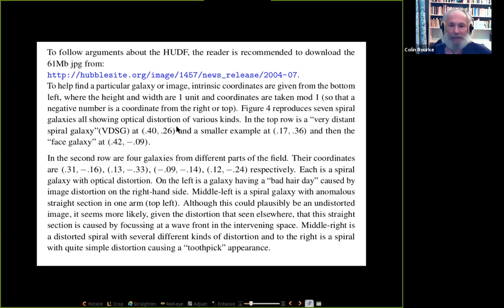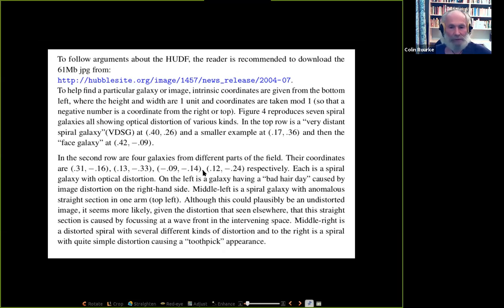So the face galaxy is at, say, 0.4, which means 0.4 out of 10 across the way. If it's negative, it means measured from the right. It's written here and you'll be able to read it out.